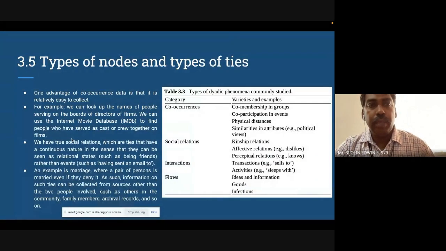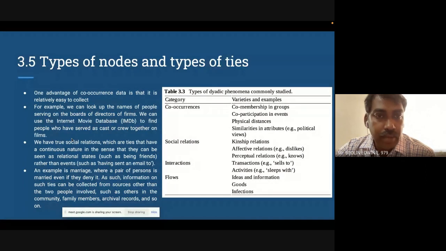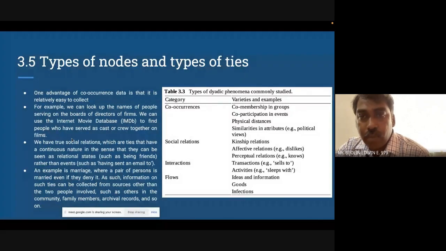And when you bring the nodes and ties into this category, different categories of information are expressed here. Take co-occurrence on category. We can collect the data from co-membership groups, co-participation in events, physical distances, and similarities in attributes.